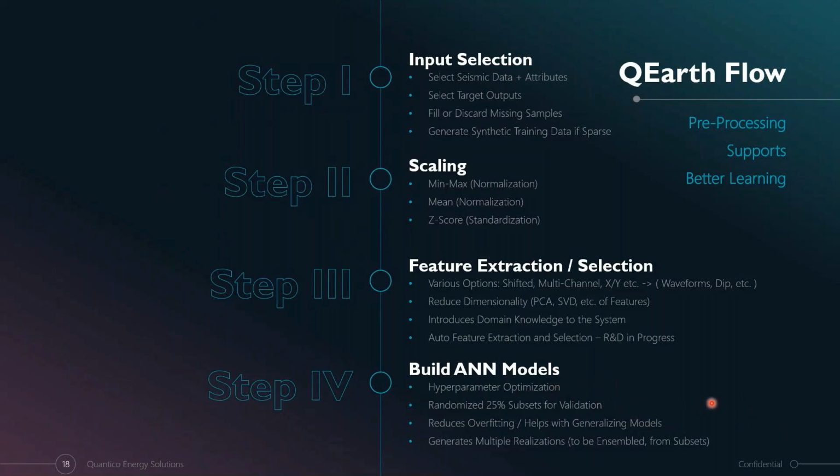And of course, we use randomized subsets for splitting our data to use for validation, which helps with early stopping. I'll explain a little bit. Overall, all of these methods reduce overfitting and help with more generalized models.